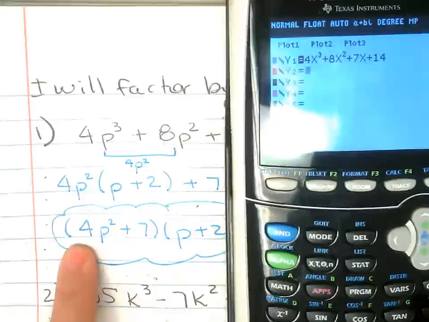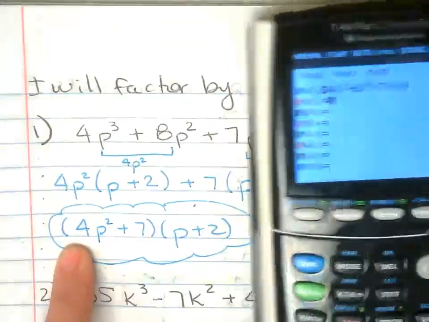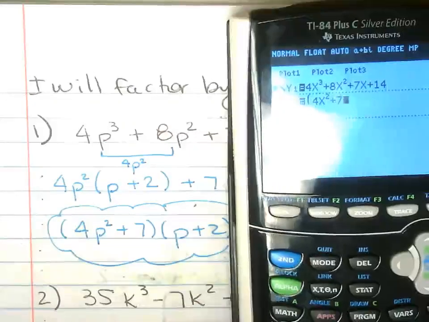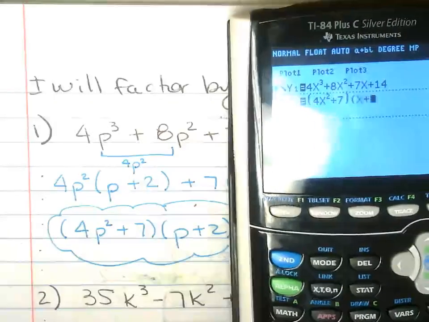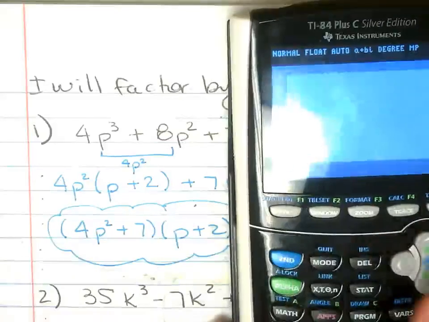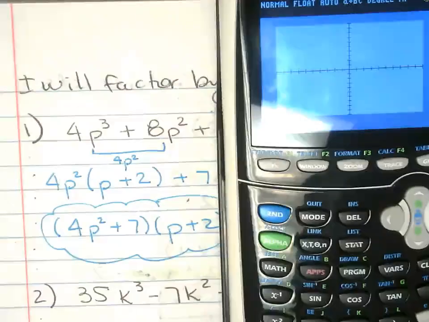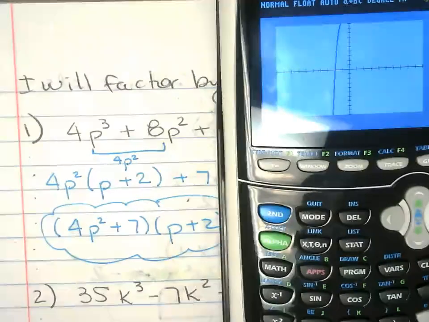In Y2, you're going to type in the answer you got, what you think is the right answer. When you graph, you can get the same graph for both of them.